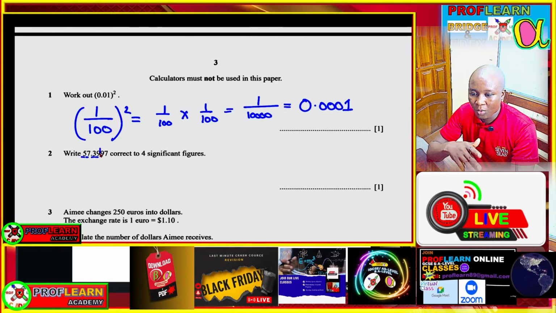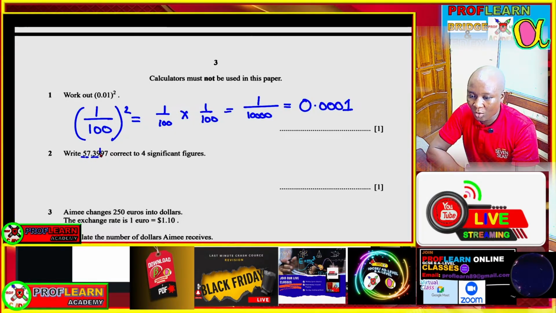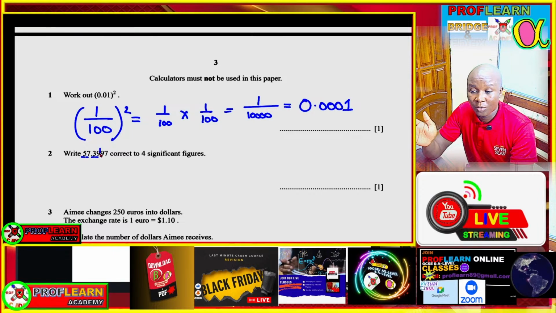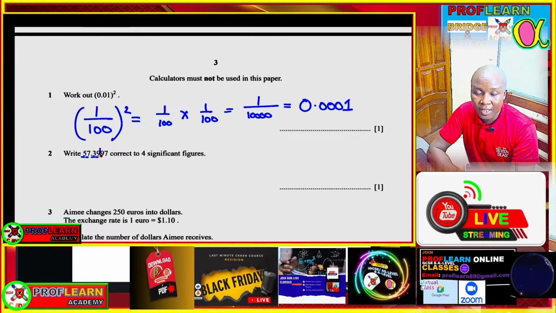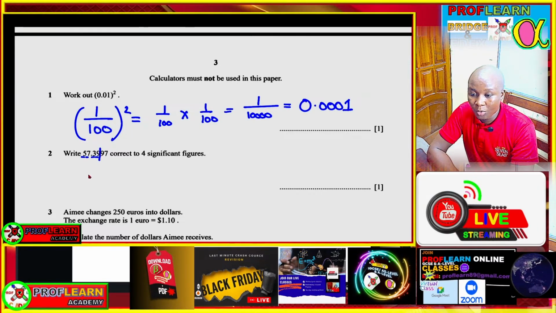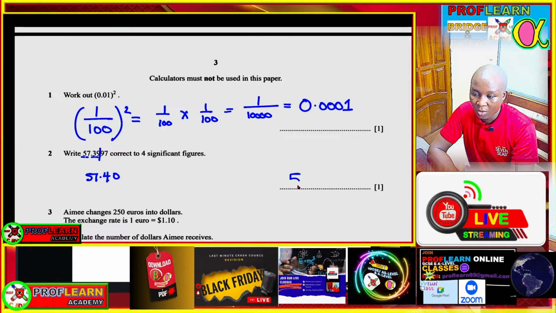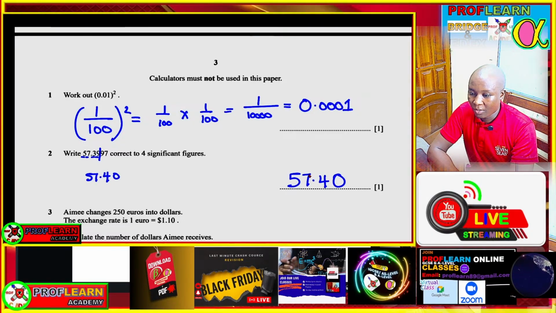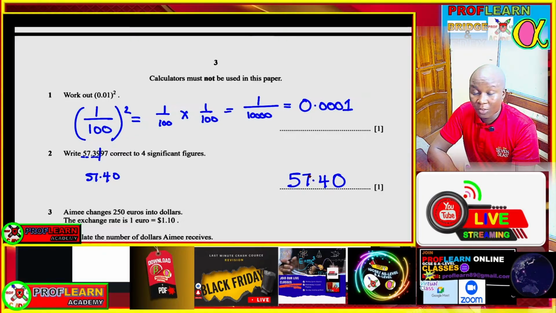We can count 4 of them, and that is going to translate to 57.39, but we have to consider that the number after 9 is 5 or more, so we can round up, and our answer becomes 57.40 as our rounded value of this number to 4 significant figures.